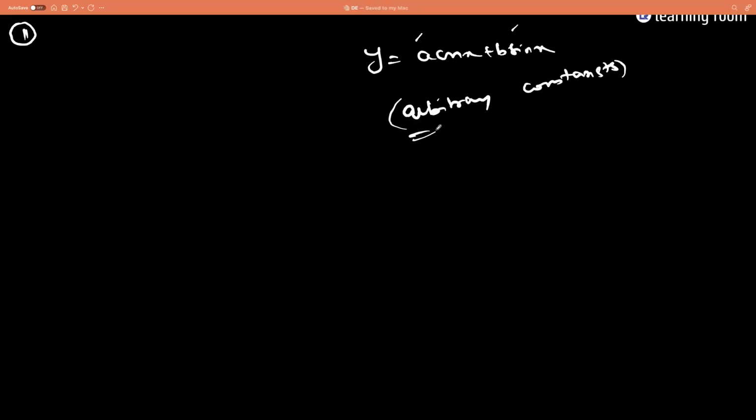The number of arbitrary constants in the equation is equal to the number of times you need to differentiate. If a question asks the number of arbitrary constants in the general solution of a differential equation of fourth order, what will be the answer? Number of arbitrary constants will decide the number of times you need to differentiate. The number of times you differentiate will decide the order.